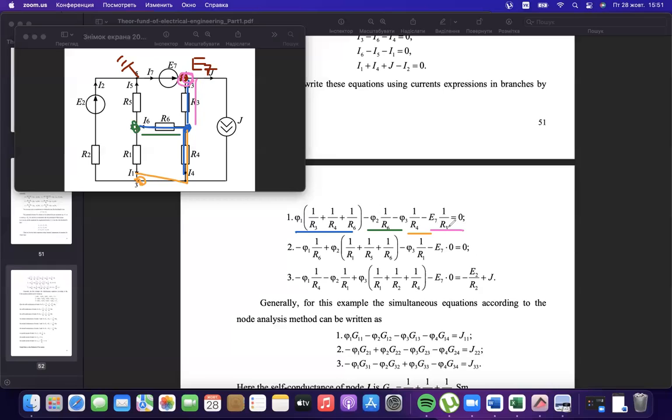All mutual conductances with minus, there is no source, equals 0. And repeating all this for other points.